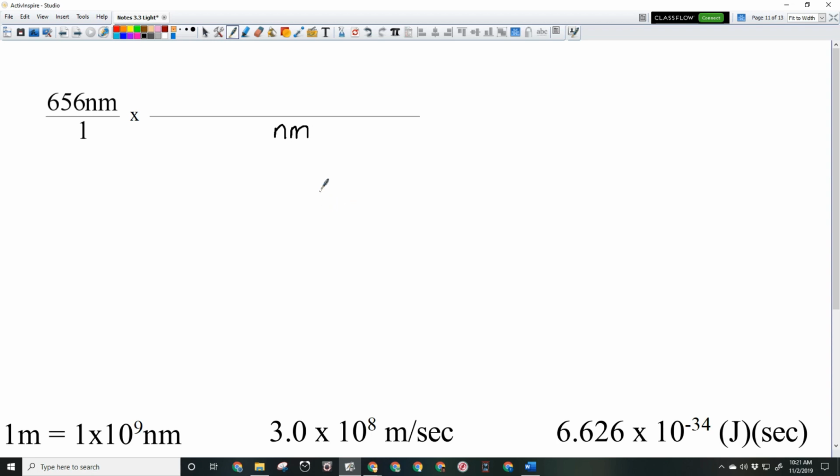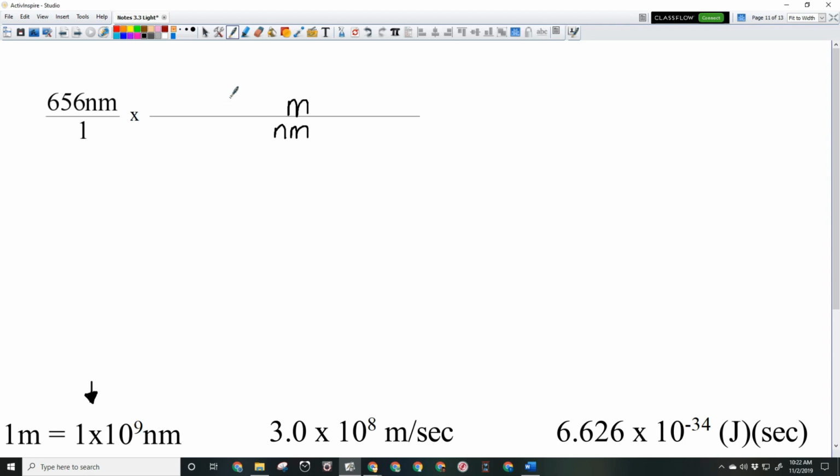Now we're going to have to convert it to meters, so I'm going to look at my conversion factor. Remember, conversion factors are equalities. It's one thing that equals another. So we see here that 1 meter is equal to 1 times 10 to the 9th nanometers. This is not a number that you're going to have to memorize, but you're going to use it so much that you will memorize it.